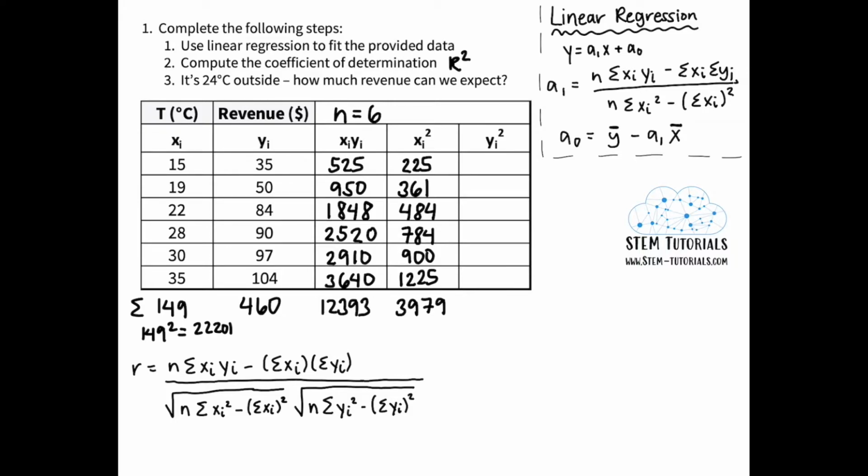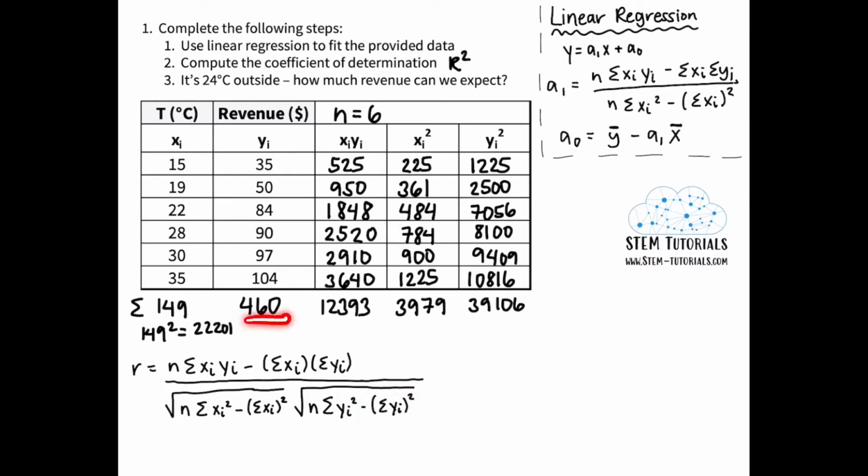So 35 to the power of 2 equals 1,225. 50 to the power of 2 equals 2,500. And we'll do the same for the rest of the y values. So adding up all of these yi values squared, we get an answer of 39,106.